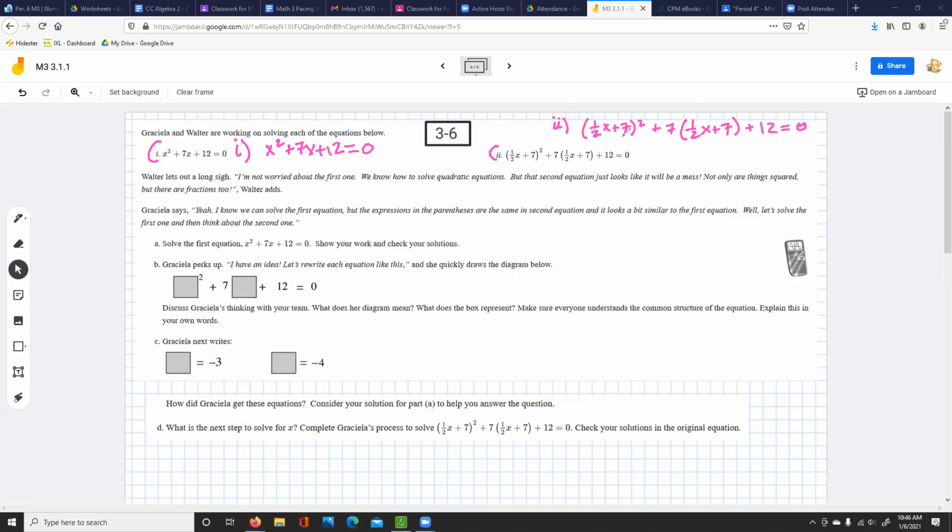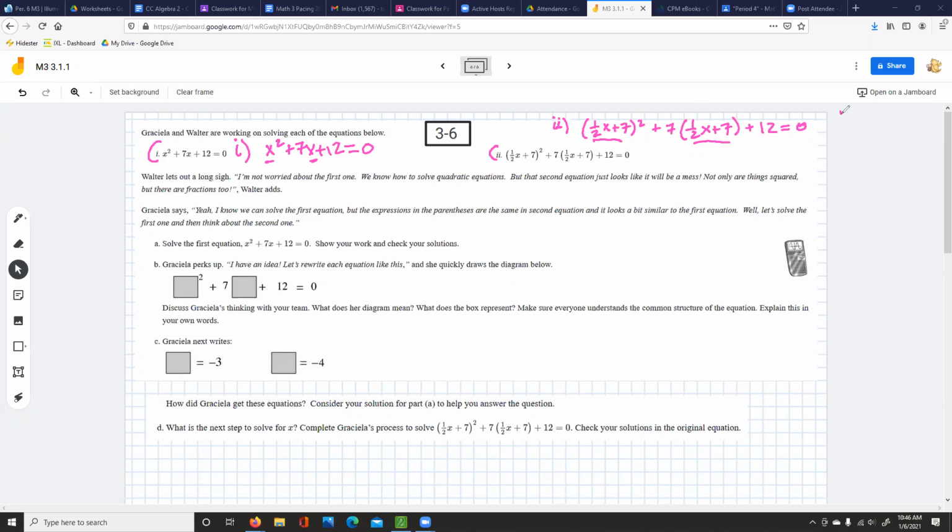Does anybody see that this is actually the exact same problem as this, just instead of x's, right? Instead of it being an x squared, what do we have? 1/2 x plus 7. Exactly. That's right.